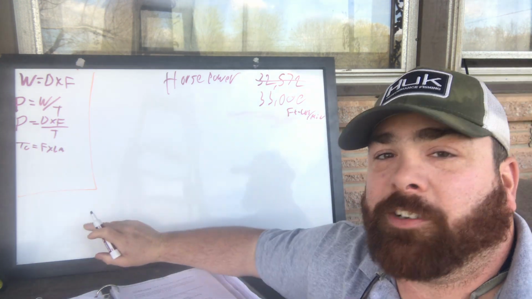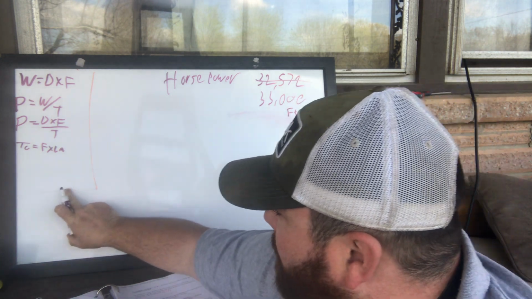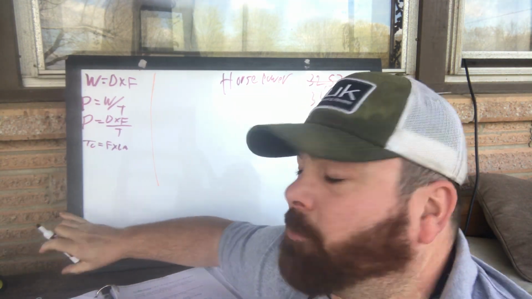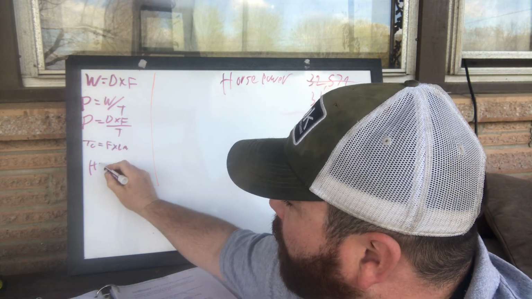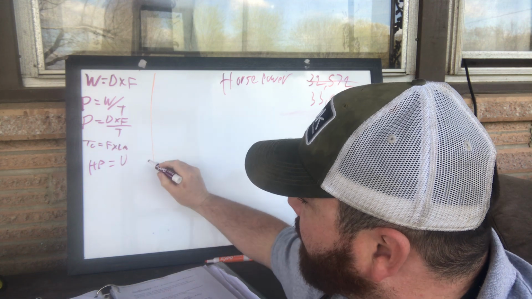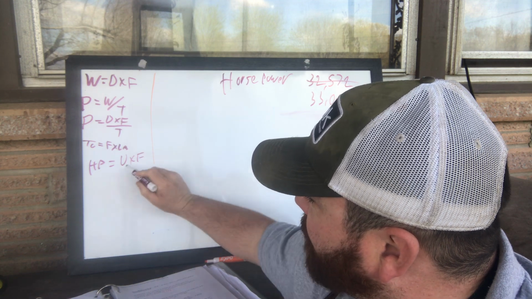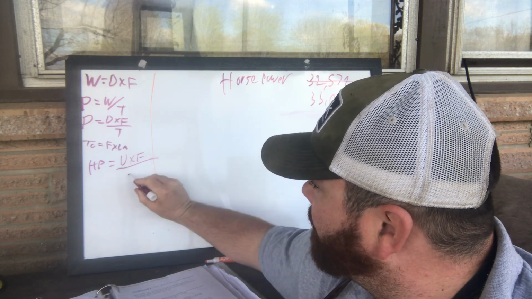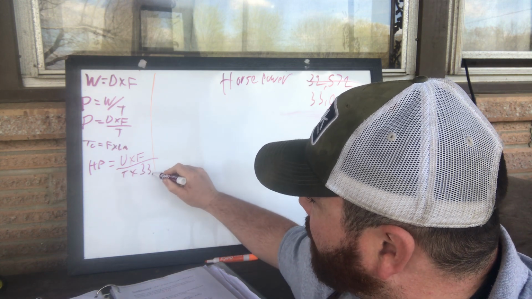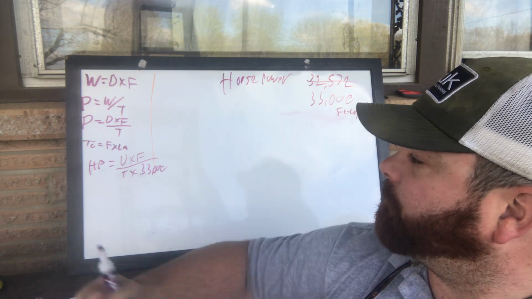So our equation, if I can write it over here, I need a little more space. Horsepower equals D times F divided by T for time times 33,000.